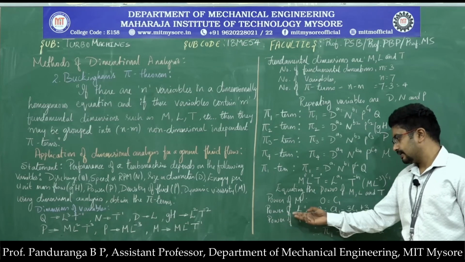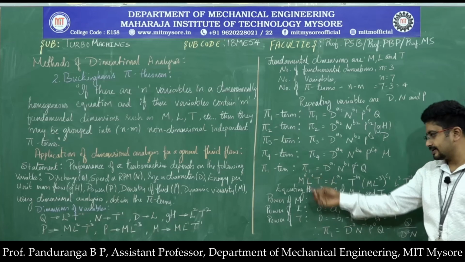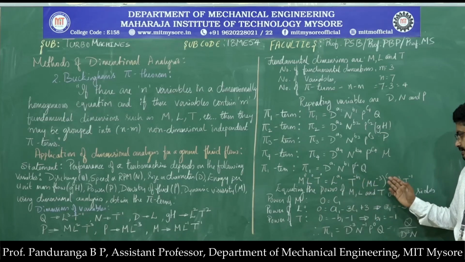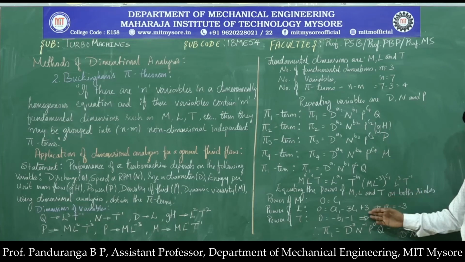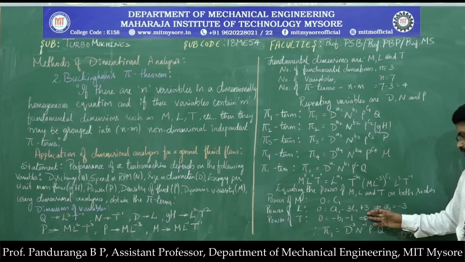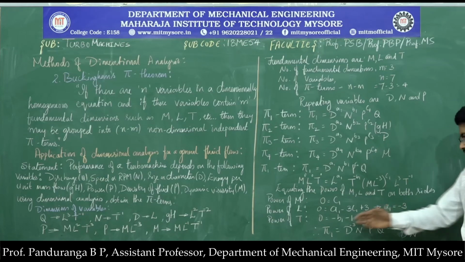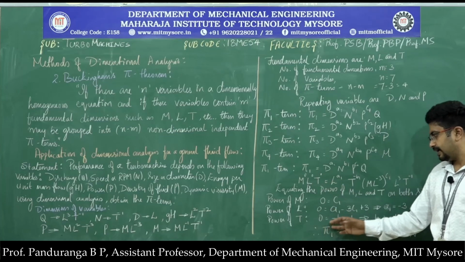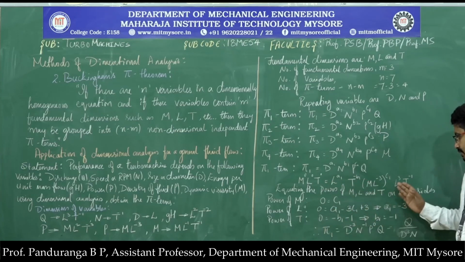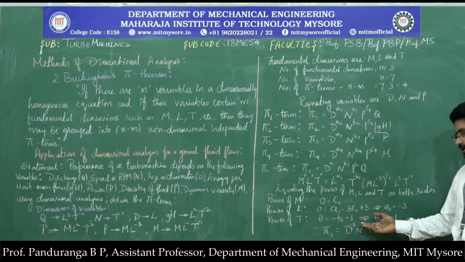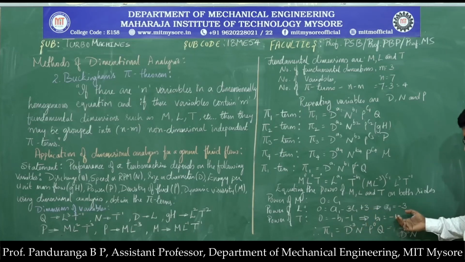Now I will take the powers of length. On the left hand side it is 0, and on the right hand side we have a1 minus 3c1 plus 3. c1 is already 0, so a1 will be equal to minus 3. Then I will take the power of T. So 0 will be equal to minus b1 minus 1. When I simplify I get b1 is equal to minus 1.